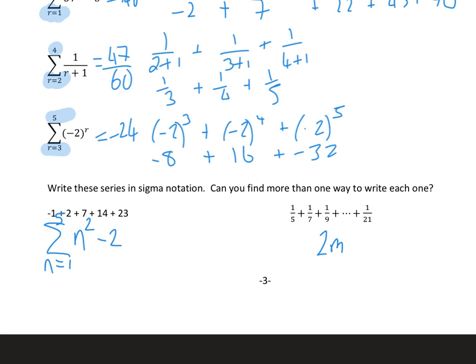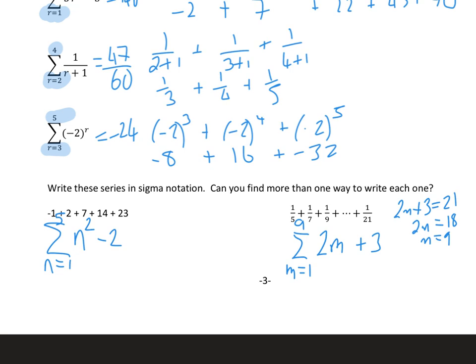Now, the first term in that sequence would be a 2, so I'd have to add 3 to get 5. And I would want m to start at 1. If I sub in 1, I'll get 5. What would I sub in to get the number 21? So if I make 2m add 3 equal to 21, I can solve that to get 2m is 18, which gives me m is 9. So I'm going from m is 1 to 9.